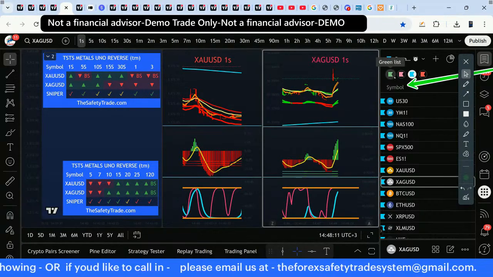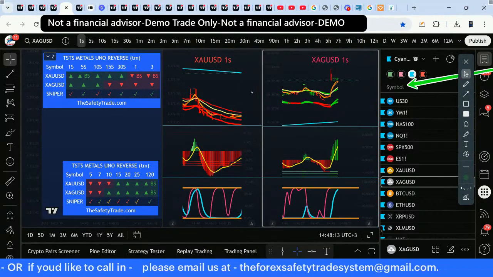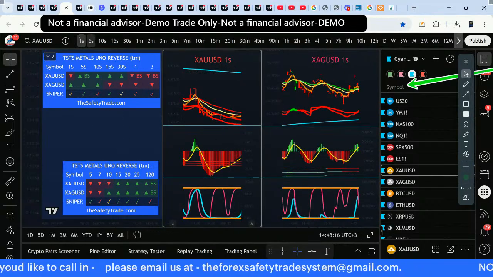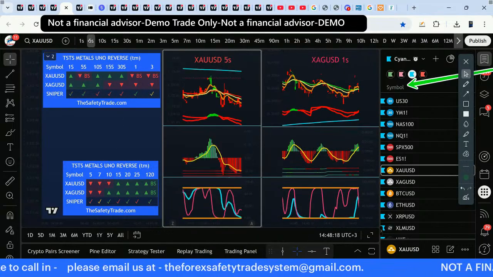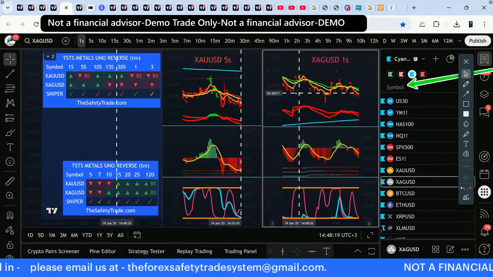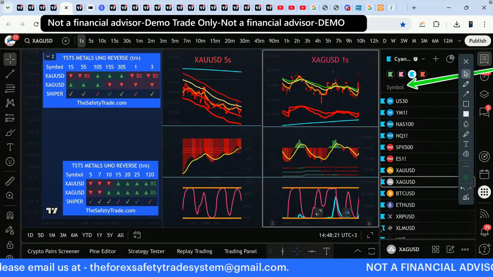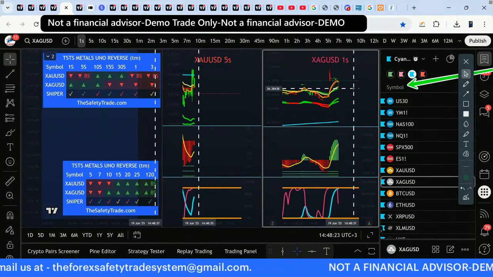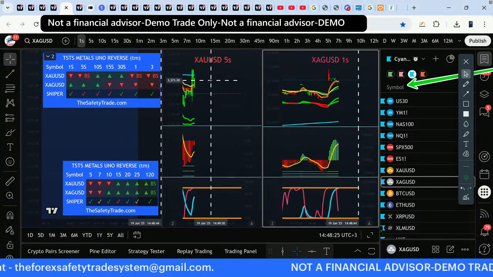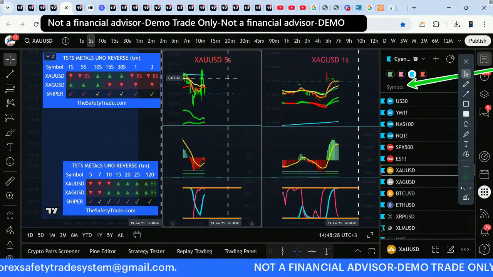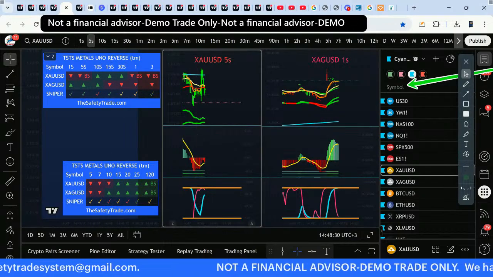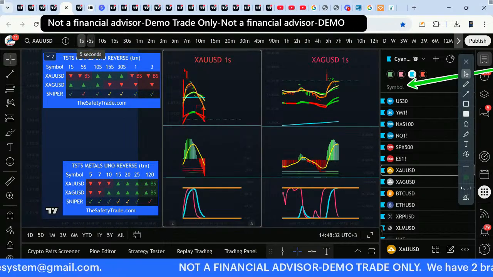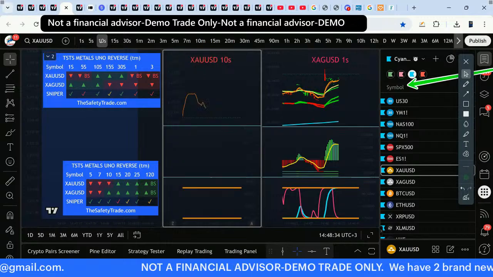We have gold going down. Love it. We have buy stop on gold 5 second. I know that I've seen this show before. Hold on. There you go. Buy stop gold to the 1 second blue line. Buy stop gold to the 5 second blue line.